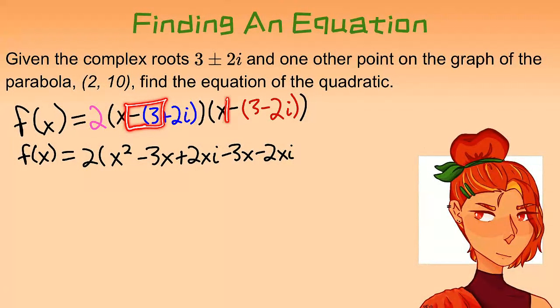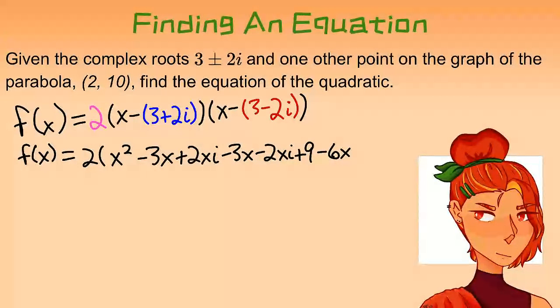Negative 3 times negative 3 is positive 9. Negative 3 times a positive 2i is negative 6i. Inners, negative 2i times the negative 3 is a positive 6i. Did I mess up somewhere? I think I did.